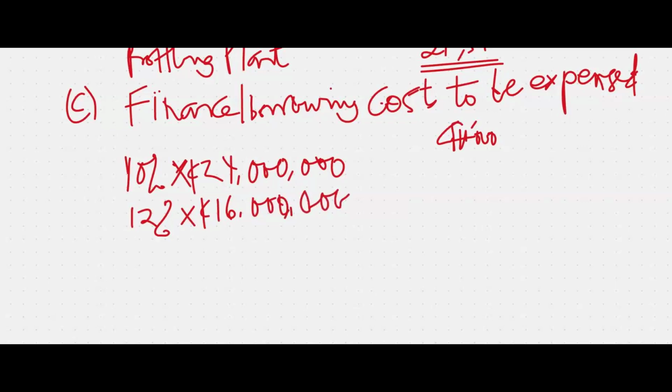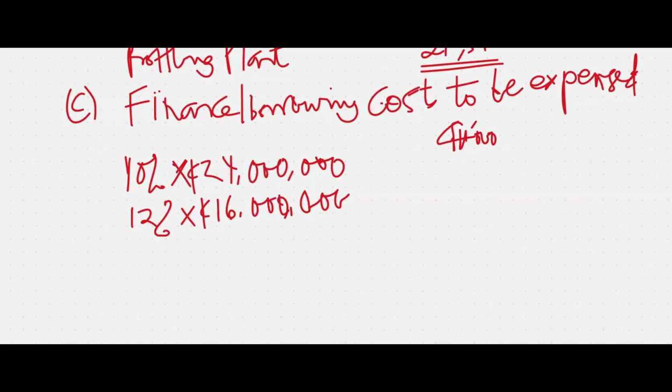So 10% on 24 million will give us 2.4 million.